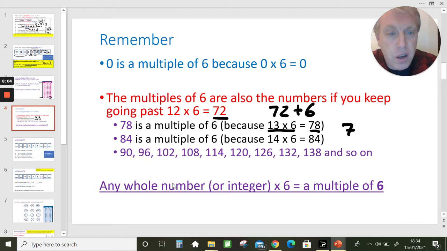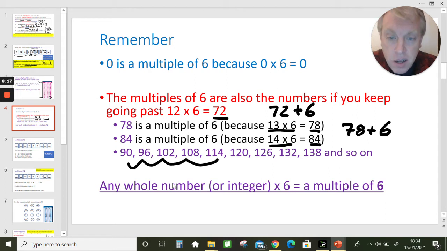Then if we do 78, add 6, then we've done 14 times 6 is 84. And we keep on counting. 90, 96. Okay, those are all multiples of 6 as well. And in fact, any whole number times 6 will give us a multiple of 6. So something is a multiple of 6 if we can take a number.